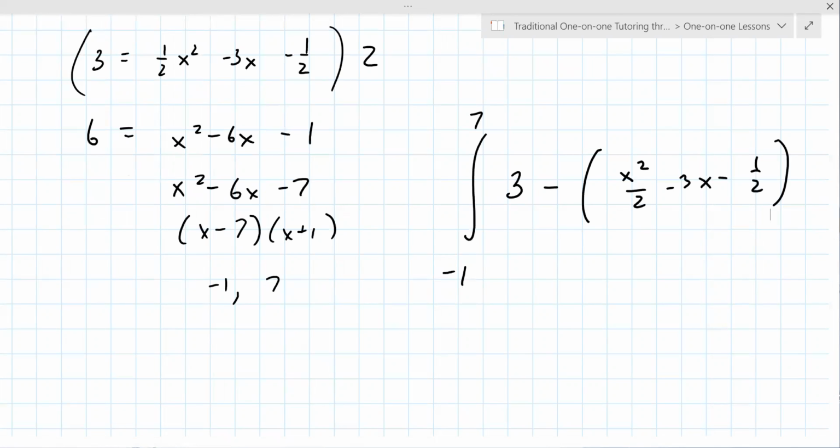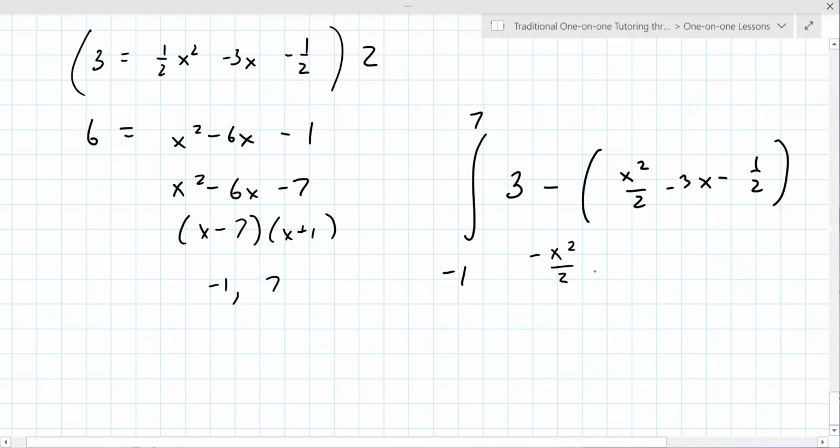So that becomes 3 minus x squared over 2 plus 3x plus 1/2. Can I clear the fraction and then do the antiderivative, or do I just do the antiderivative? You could deal with that, but I would just keep it like this, with fractions.